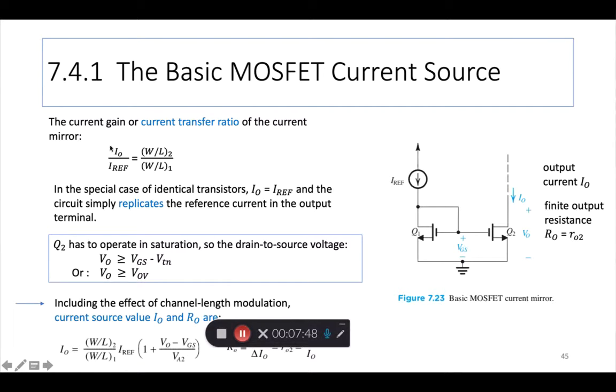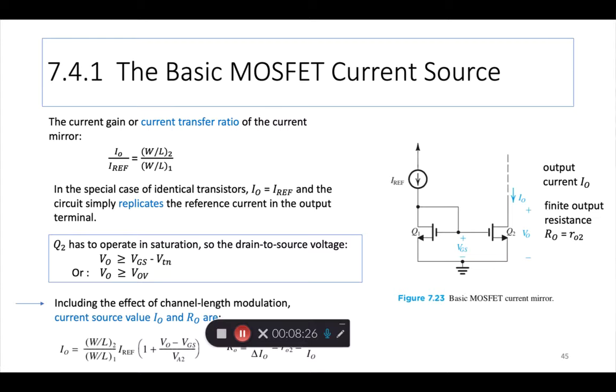In the special case of identical transistors, where W by L of 2 and W by L of 1 are the same, then IO is just I reference, and the circuit simply replicates, or copies, whatever is here to the output terminal.